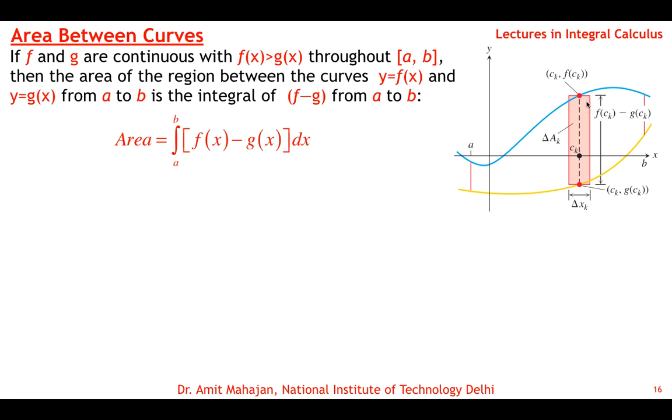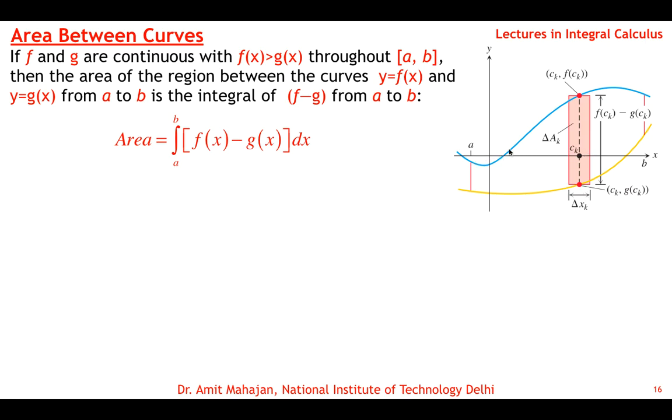So if we calculate this rectangle, it will be this height times delta x k, and this height is nothing but f(ck) minus g(ck). So this rectangle's area will be f(ck) minus g(ck) times delta x k.